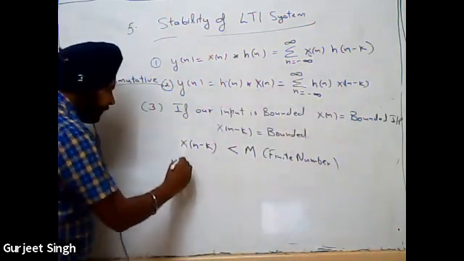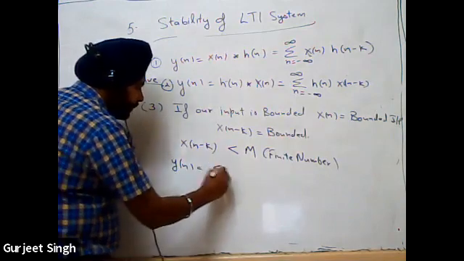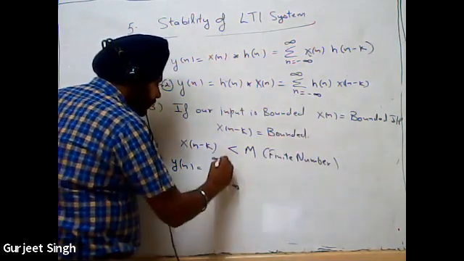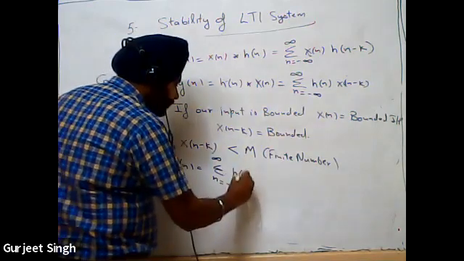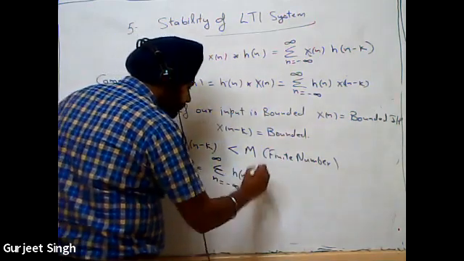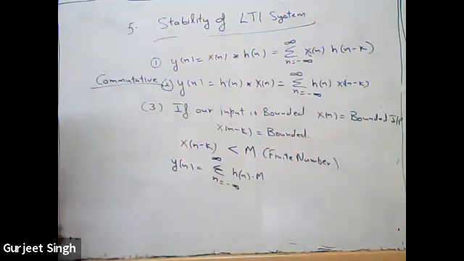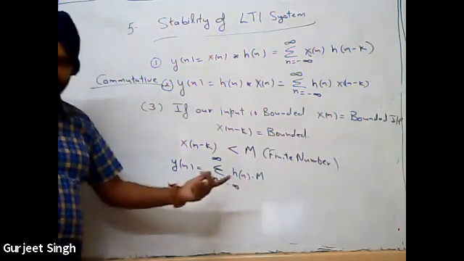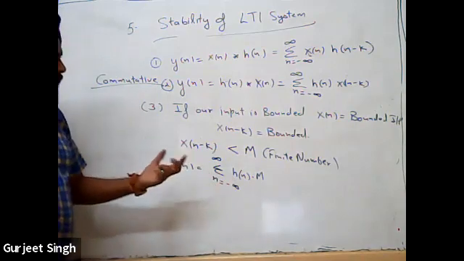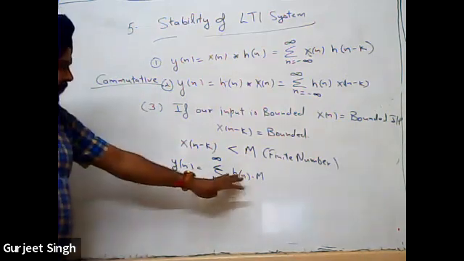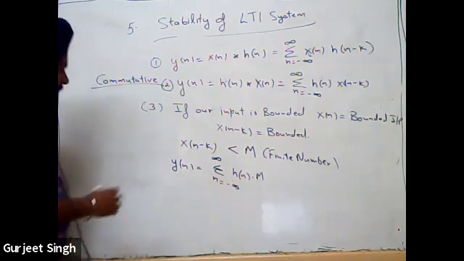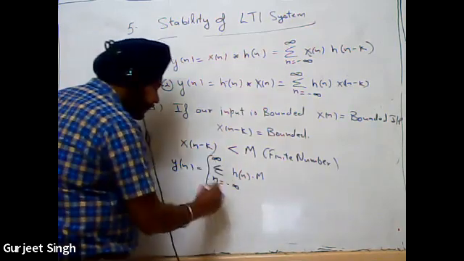We are putting y[n] equal to the summation from minus infinity to infinity of h[k] times M. Students, see this: M is the finite value, and we have h[n] here, so we are left only with this part.